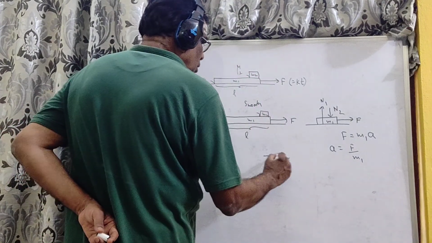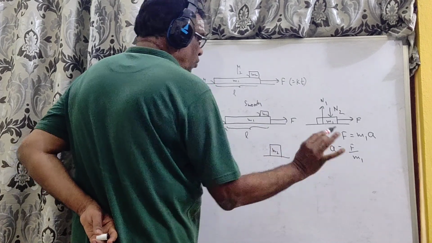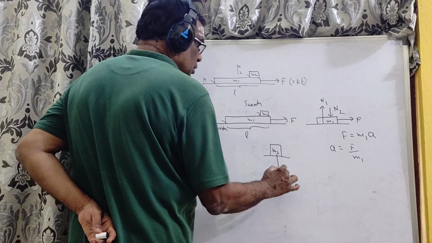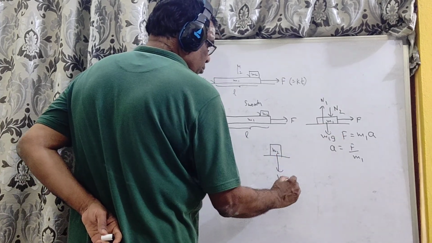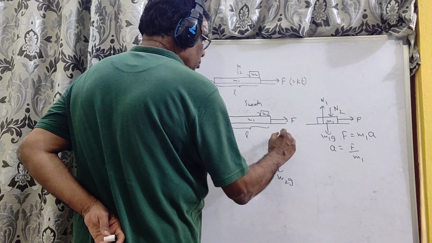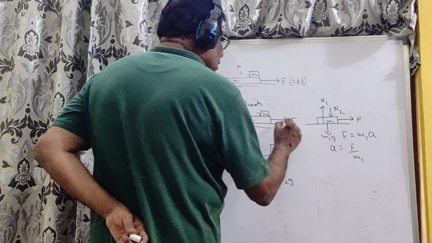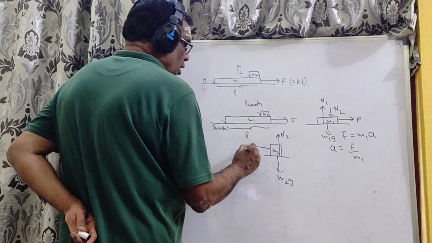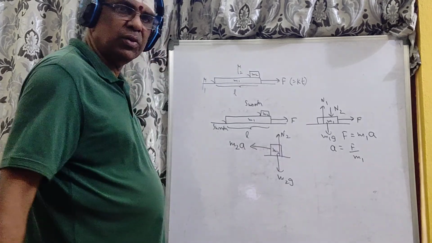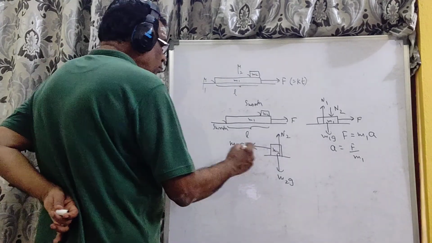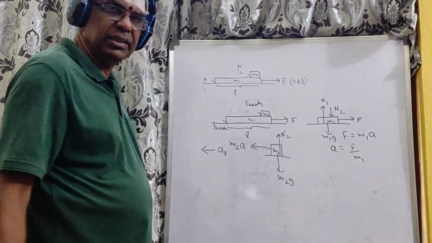Now, the lower body, upper body, M2. No force is acting, of course, here you have M1G, this is M2G, this is M2. But if this is accelerating with A, relatively if I want to consider, I take pseudo force to be like this. And therefore, the relative acceleration is in this direction.